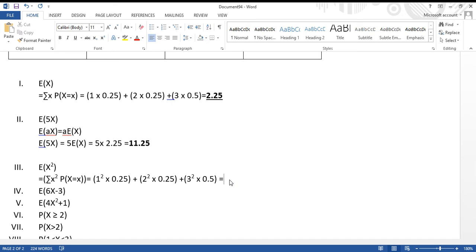So 1 squared is 1, 1 times 0.25, plus 2 squared is 4, so 4 times 0.25, and 3 squared is 9, 9 times 0.5. We get 5.75.